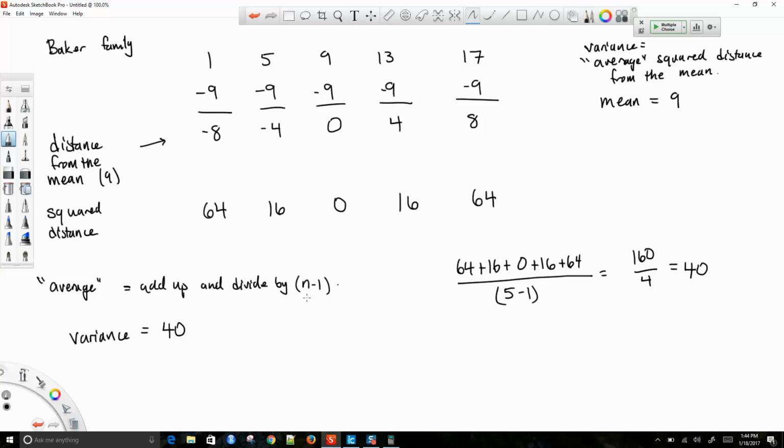You might wonder why we're using n minus 1 rather than n. The answer is it's a little complicated and beyond the scope of our course, but for those who are interested, you can go on Wikipedia and look up something called Bessel's correction.